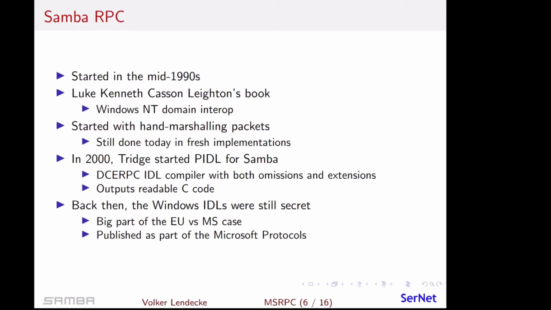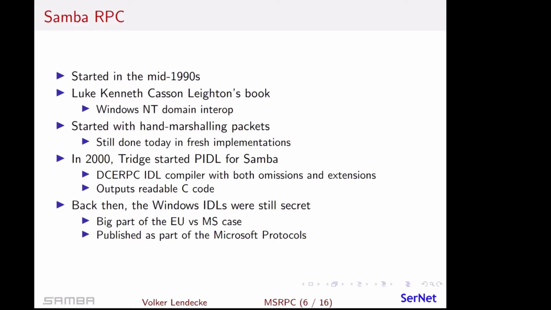The difference to the DCE RPC IDL compiler is, of course, functional-wise, we have differences. We do some things they don't do. We don't do some things they do, but it's enough for us to implement what Windows needs. The main difference is the C code you get out of it is actually readable.